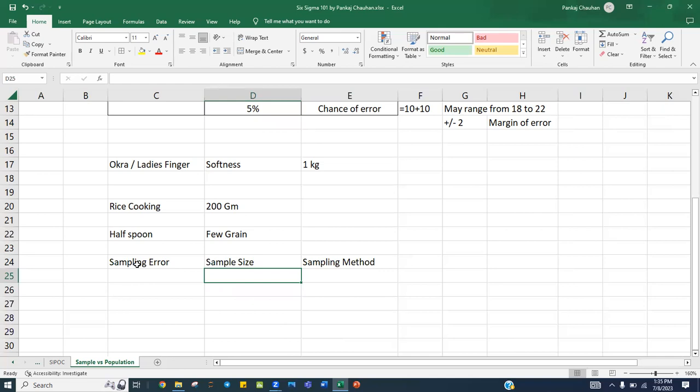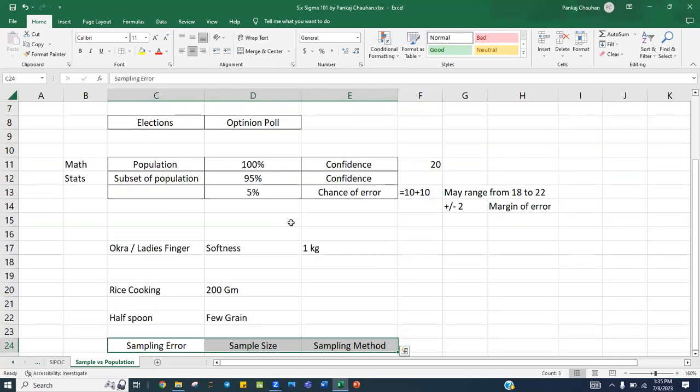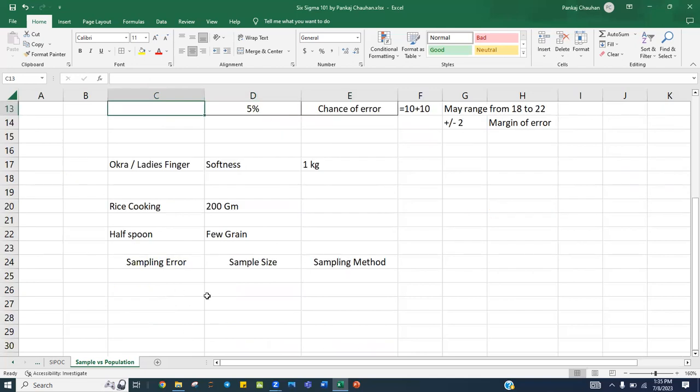So to avoid the sampling error, I want to gain confidence that my sample is representative of the population, whatever my sample is telling.